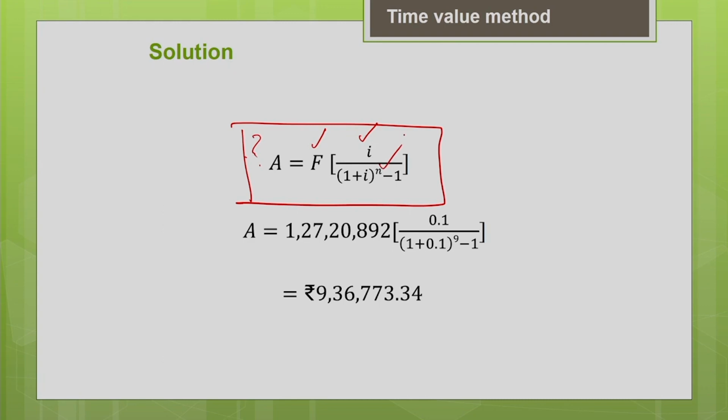Using this you calculate that every year I should deposit 9,36,773.34 rupees into the sinking fund, so that at the end of 9 years I will generate an amount of 1 crore 27,20,892. With that I will be able to replace my old machine with a new machine.